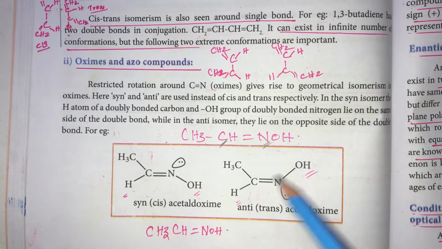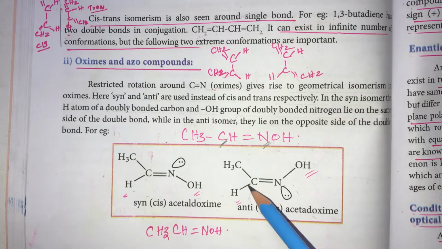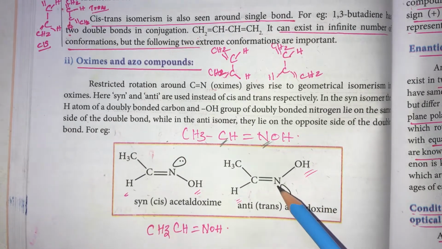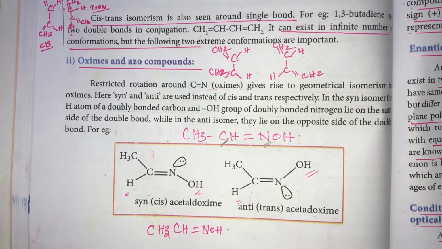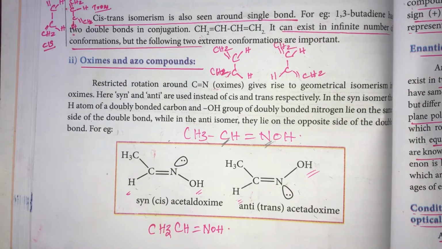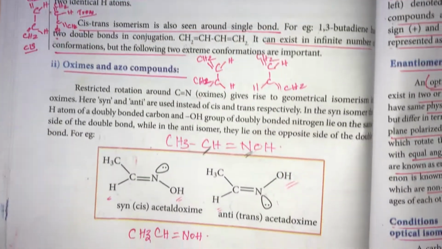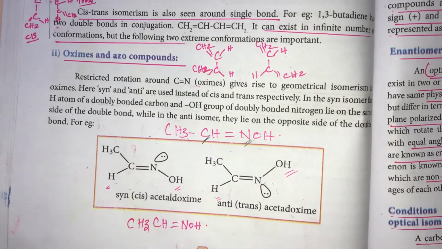The H and OH opposite to each other around the carbon-nitrogen double bond is called anti-acetaldoxime. So we have seen the cis and trans isomerism around the carbon-carbon double bond, the carbon-carbon single bond and the carbon-nitrogen double bond. Now we are going to see optical isomerism.